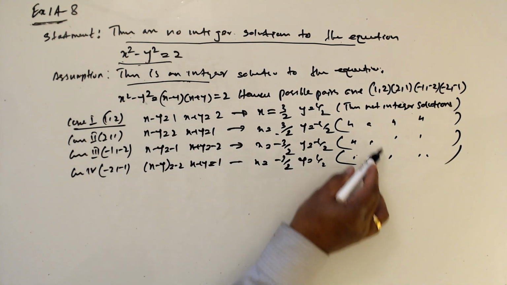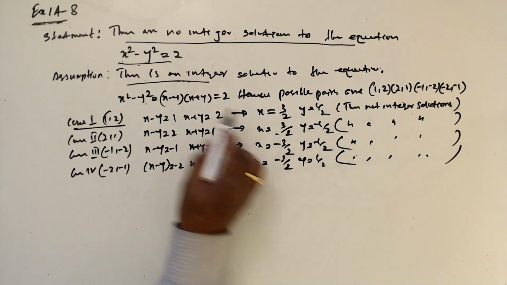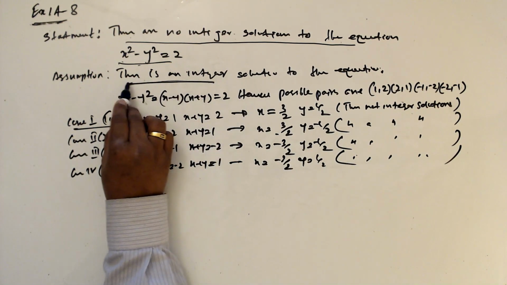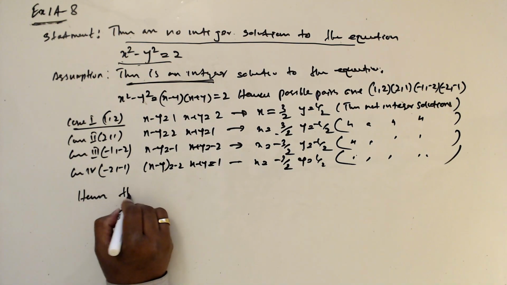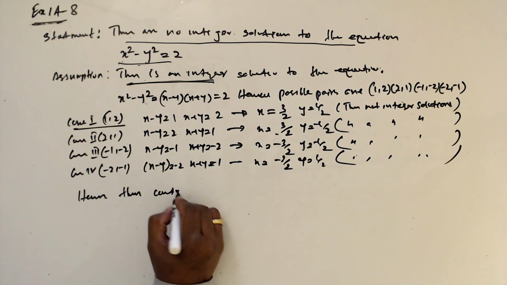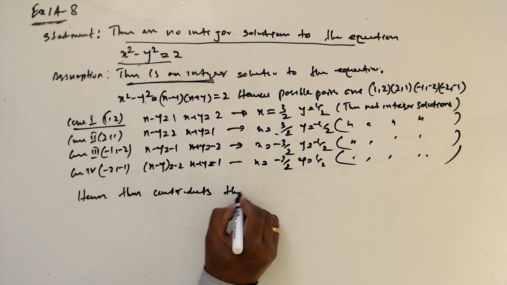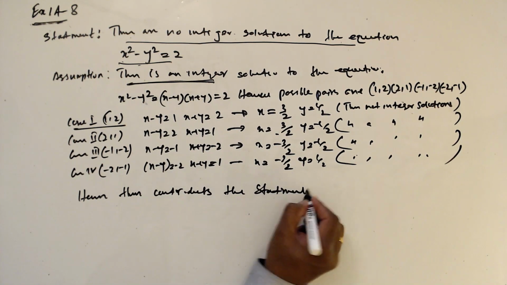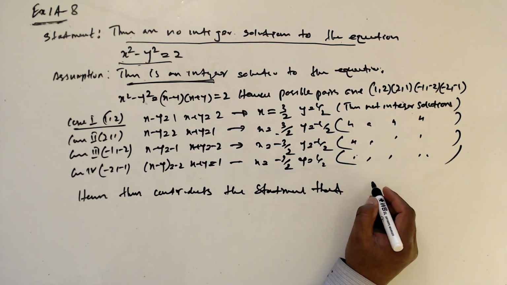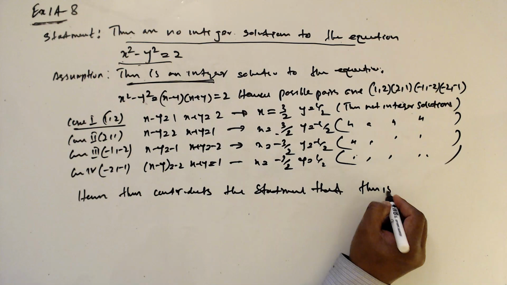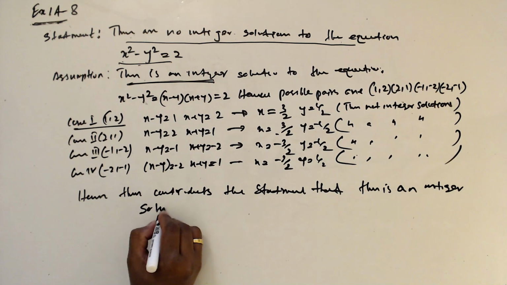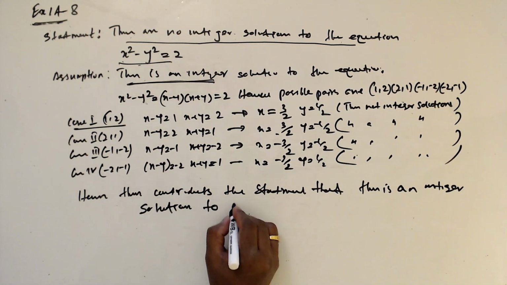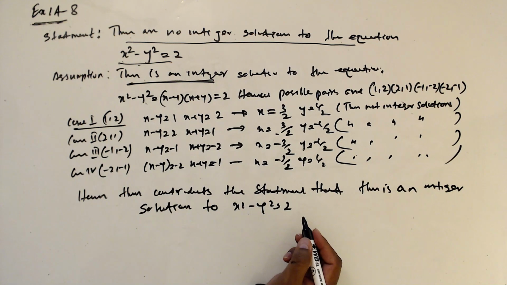So because all of them are not integer solutions, but according to the assumption this is an integer solution, hence this contradicts the statement that there is an integer solution to x square minus y square equal to 2.